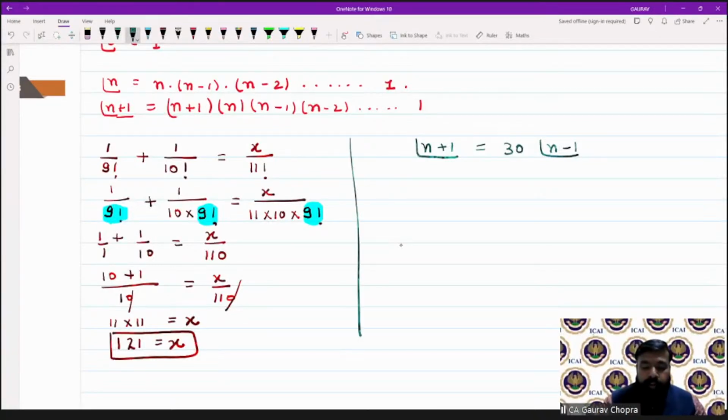Now we have to simplify and get the result. First of all, check which is the bigger number, n plus 1 or n minus 1. Of course, n plus 1 is bigger. So open that factorial which is bigger. So let us open n plus 1: n plus 1, then n, and we have to stop at n minus 1 factorial.